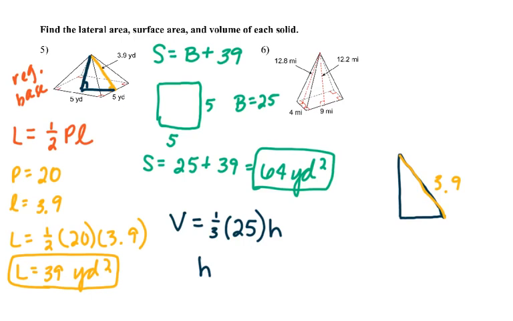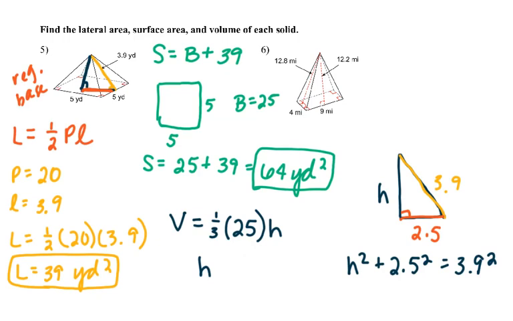And then we know that this is our height that we're trying to find. And this length right here is half of a side length, because if you imagine that height dropping into the center of the pyramid, it would be half of 5, so this is 2.5. And this is a right triangle. So we're going to use the Pythagorean theorem and solve for the height. So height squared plus 2.5 squared is equal to 3.9 squared.